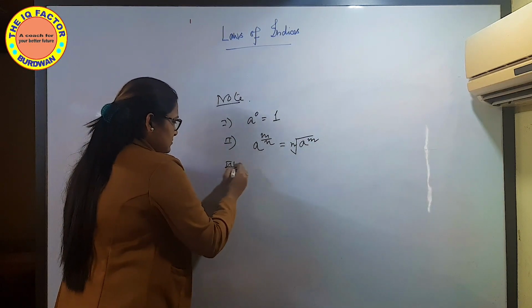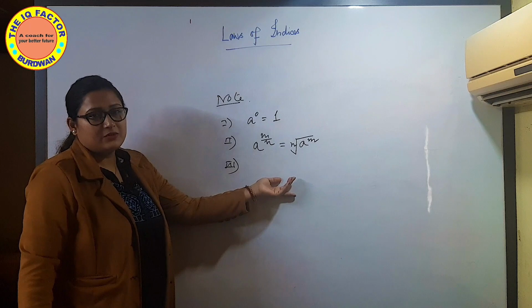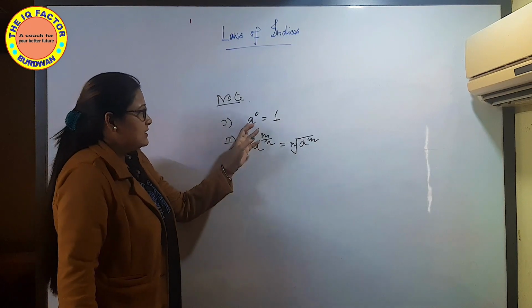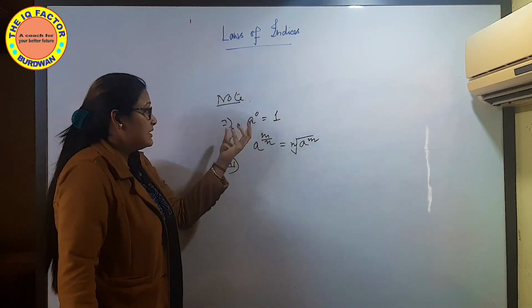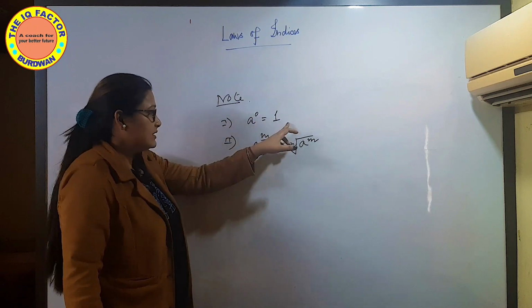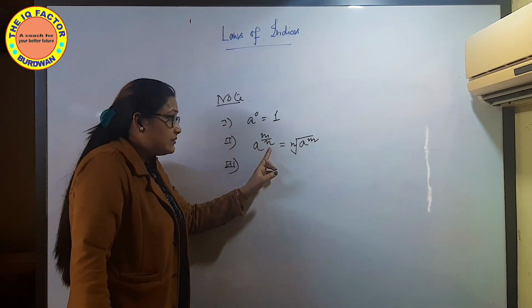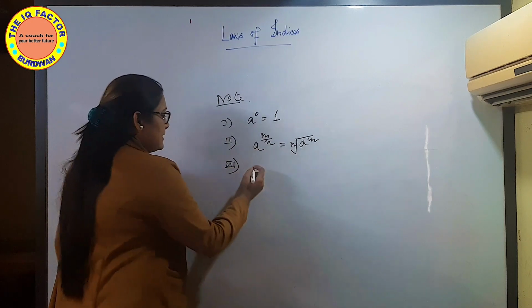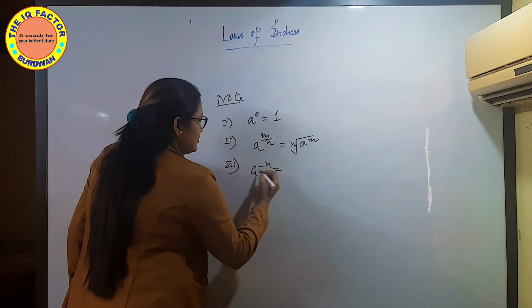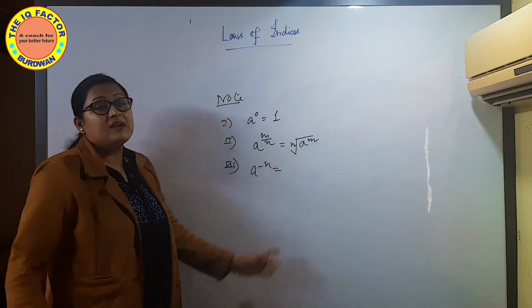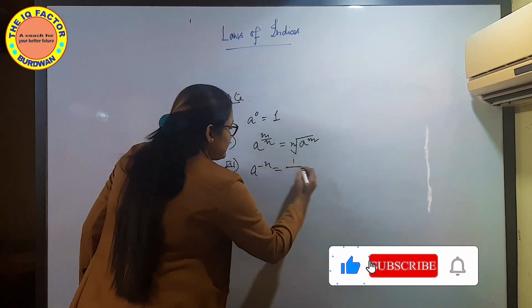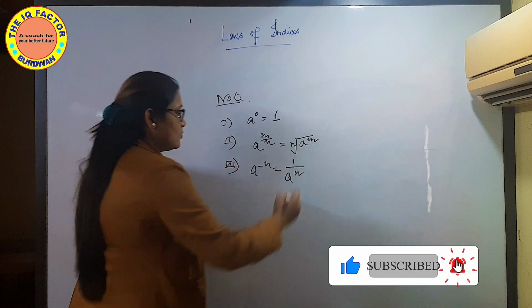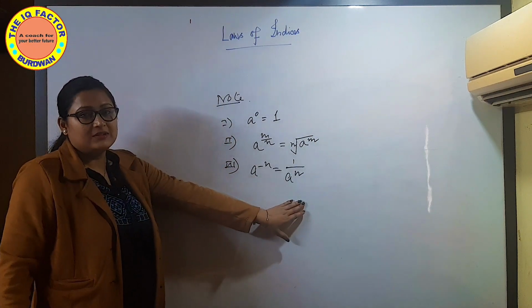So, these are very important to solve your questions. Any real number to the power 0 is 1. And one most important thing, what is e to the power minus n? We can write it is 1 by e to the power n.